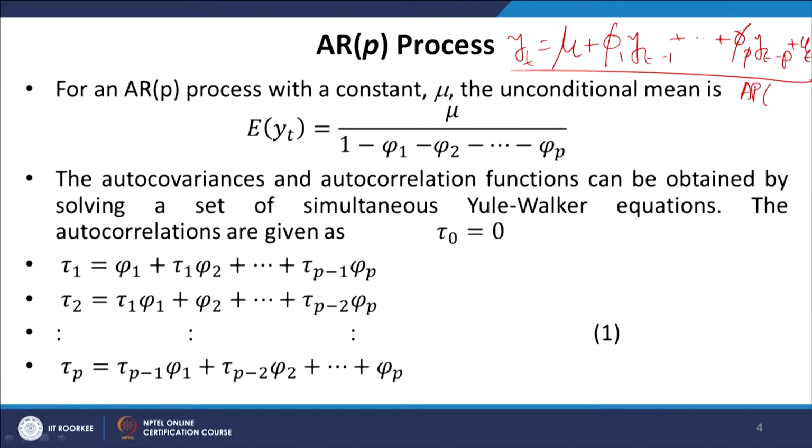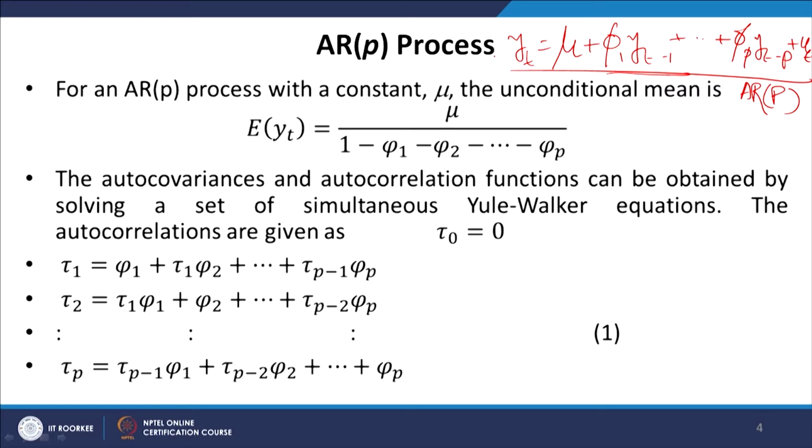Given this AR(p) process, we can find the unconditional mean. When we calculate the mean not conditional upon the previous values, it is slightly different from the conditional one.